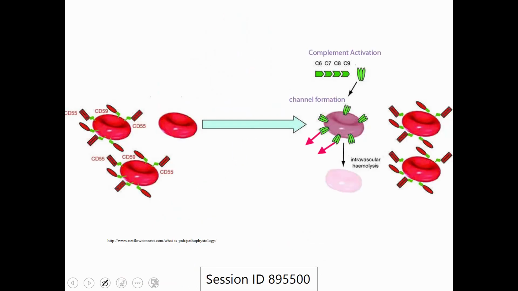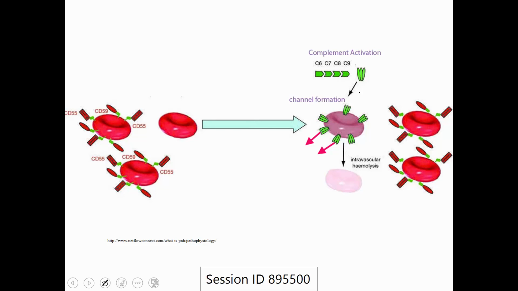But nature has been very clever, and what it has done is place CD55 and CD59 on the plasma membrane of red cells and of platelets. So if you get activation of the complement system, these cells won't be lysed. But in these patients, they have defective machinery, so they can't put a GPI linkage on proteins.